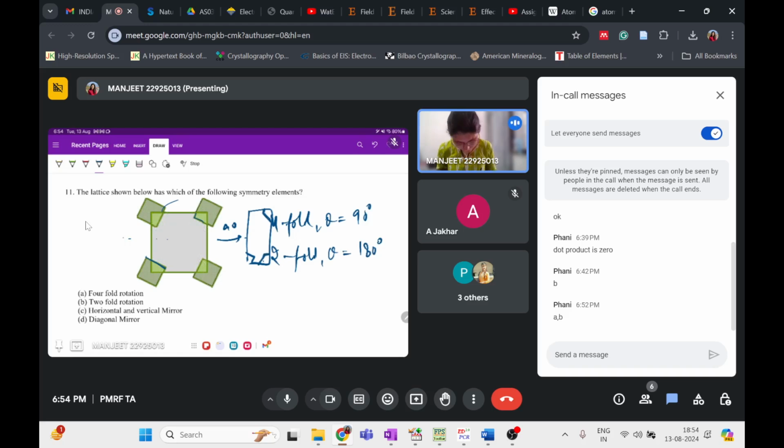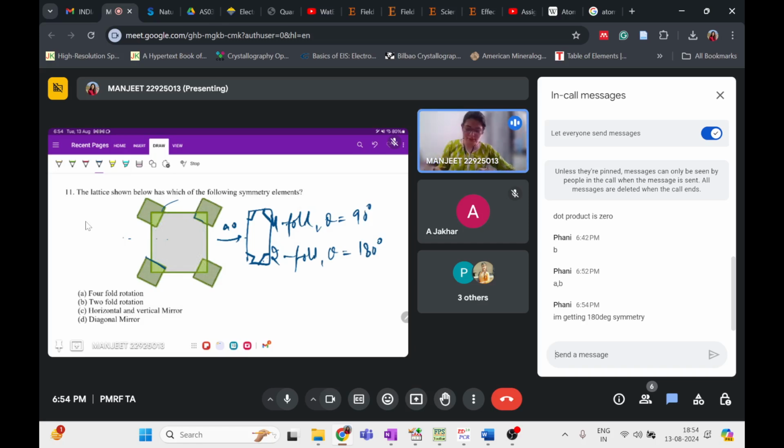If I take another 90-degree rotation, this one will become this one, and it will become 90 degrees with this. I can't show you this way. This part will not be similar.